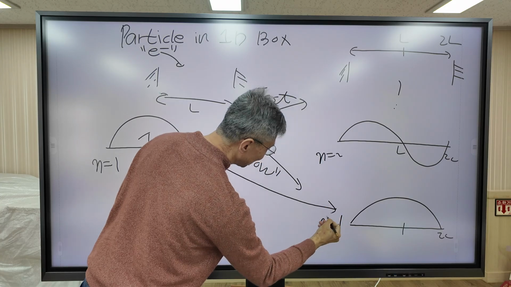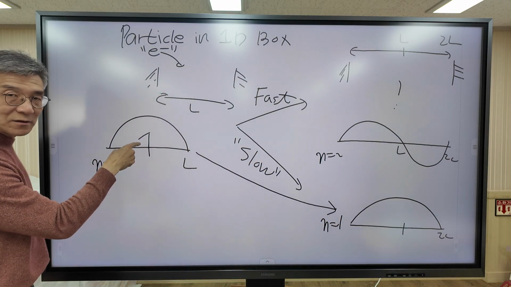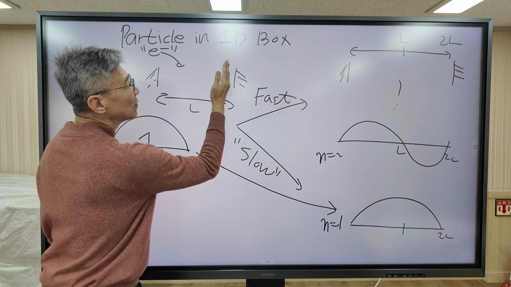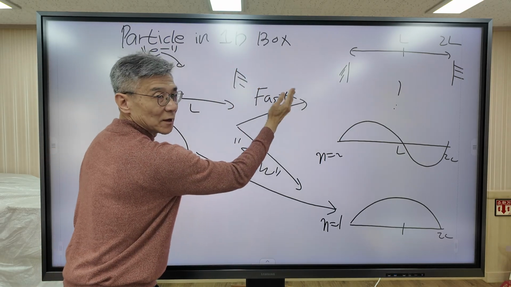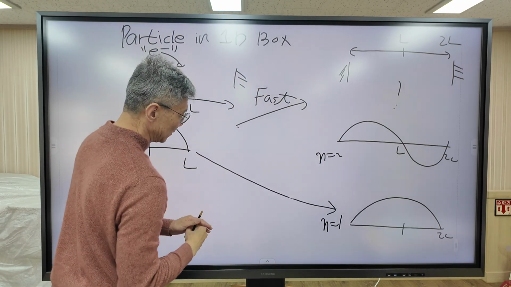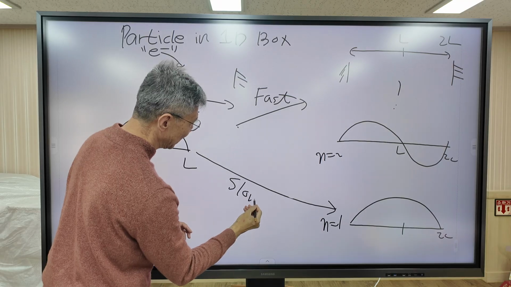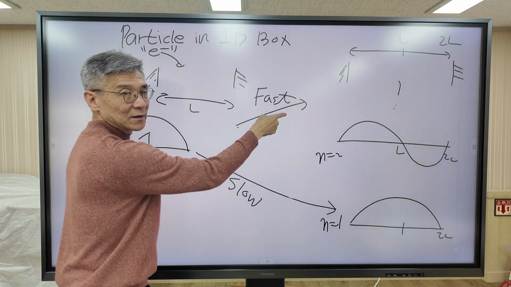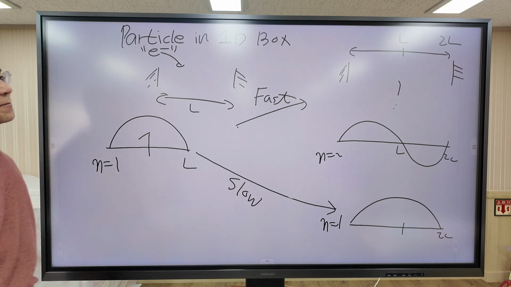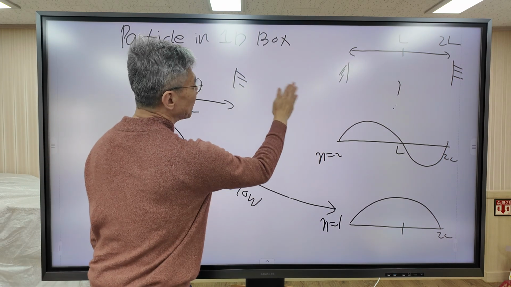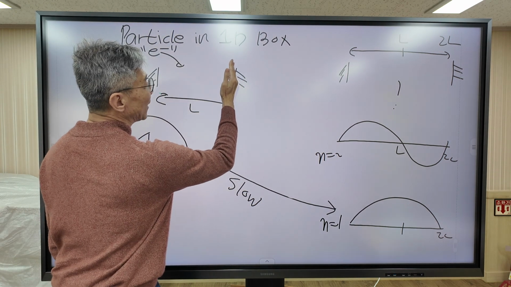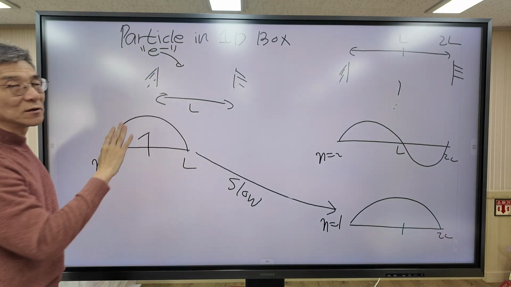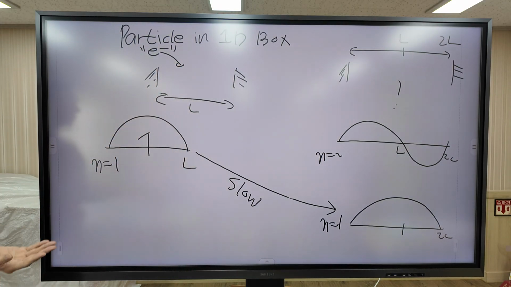Okay? So this is the initial state. This is the final state, when wall moves very, very slowly. Slow process. Now what happens when the wall moves very, very fast? Then what happens? Now when it moves very fast to the 2L, electron doesn't have enough time to follow the wall.